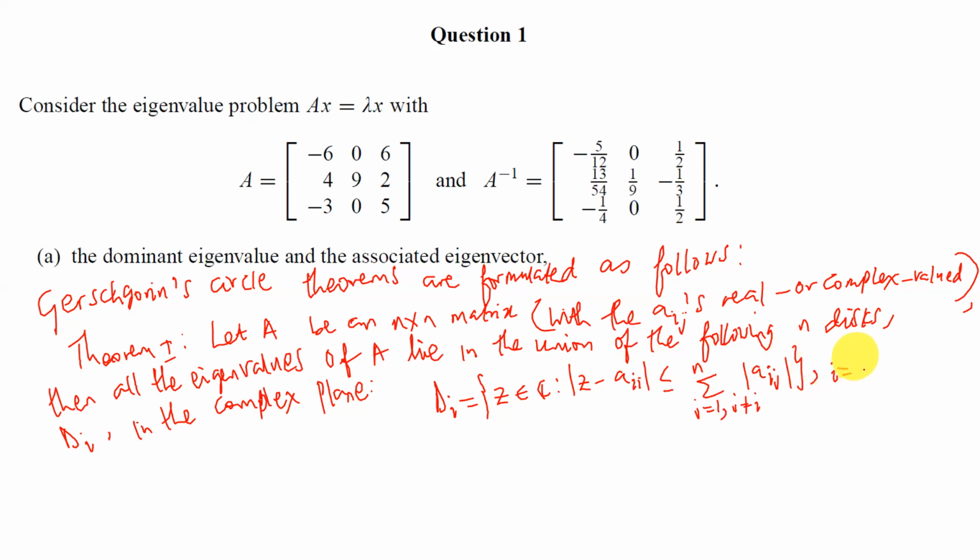The i's are 1, 2, up to n. Okay, so we shall look at what this definition says.